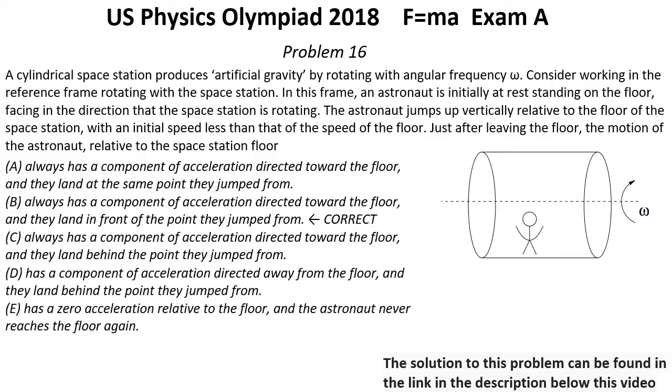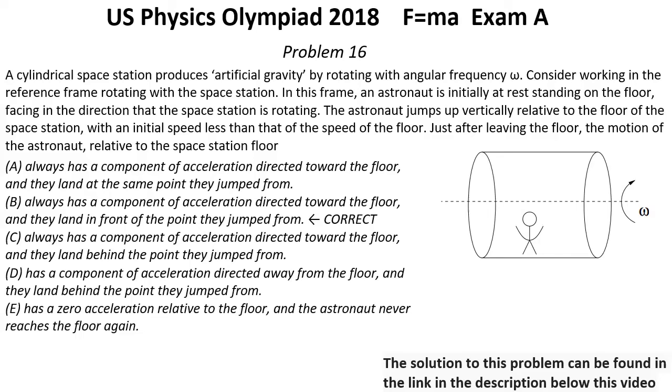Problem number 16. A cylindrical space station produces artificial gravity by rotating with angular frequency omega. Consider working in the reference frame rotating with the space station. In this frame, an astronaut is initially at rest, standing on the floor, facing in the direction that the space station is rotating.